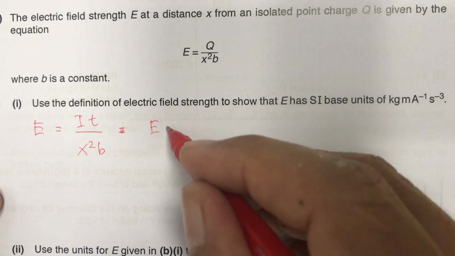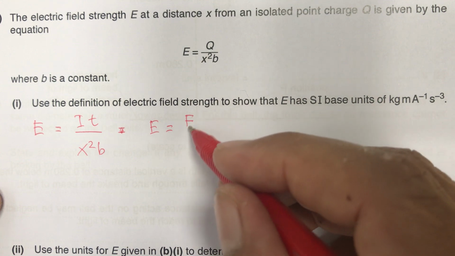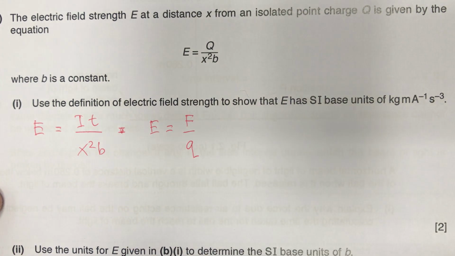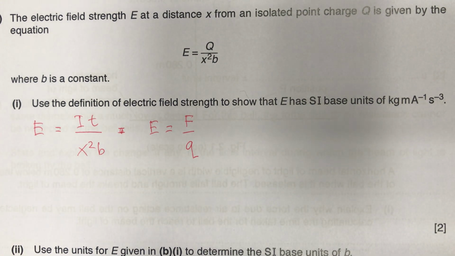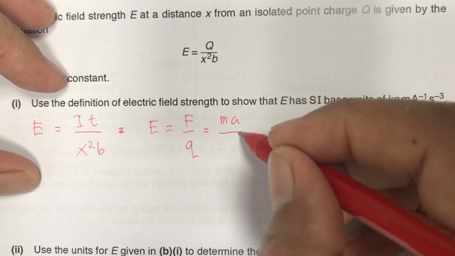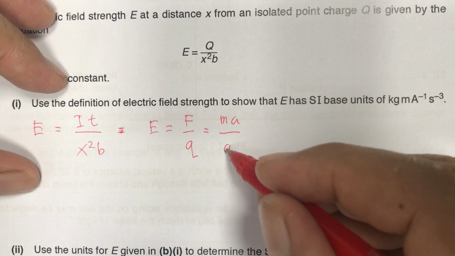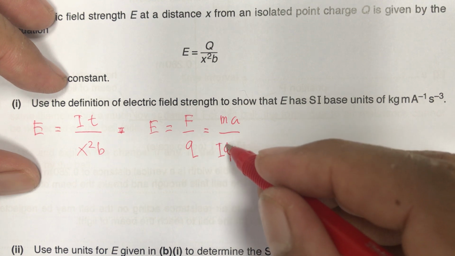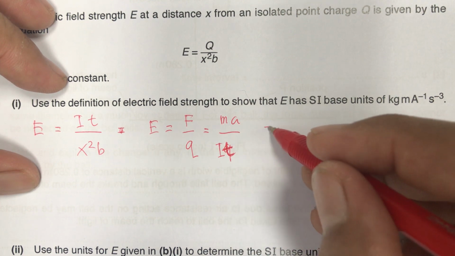The electric field is F divided by Q. F is force, which is m times a, and Q is I times T.